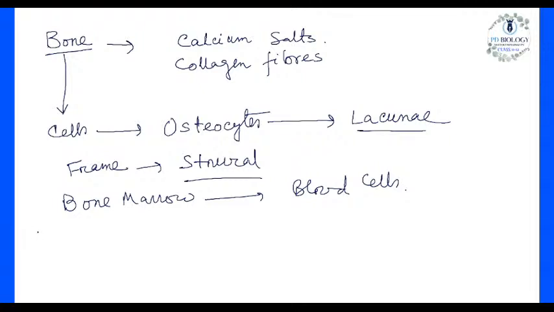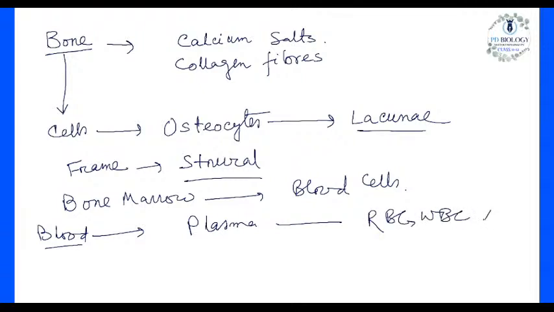And the blood, we know a lot of information regarding the blood. This is a fluid connective tissue that is composed of plasma and the corpuscles made up of RBC, WBC and platelets.